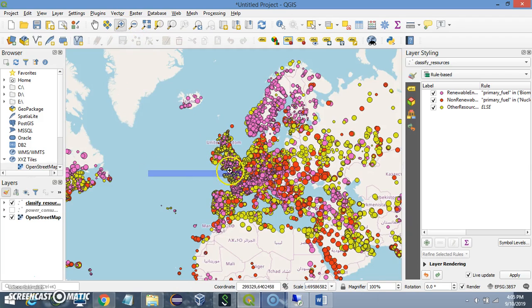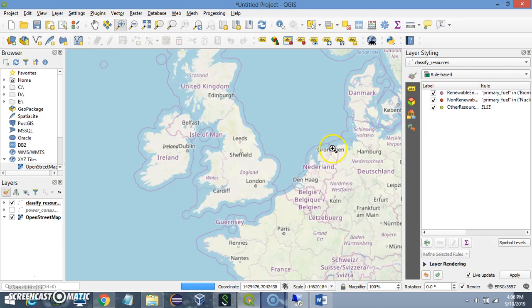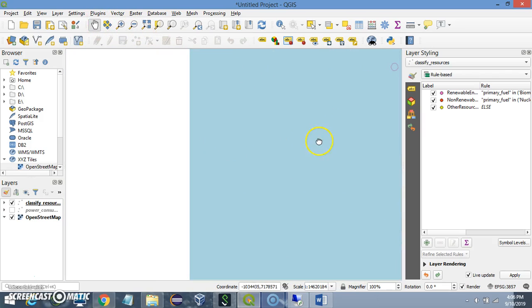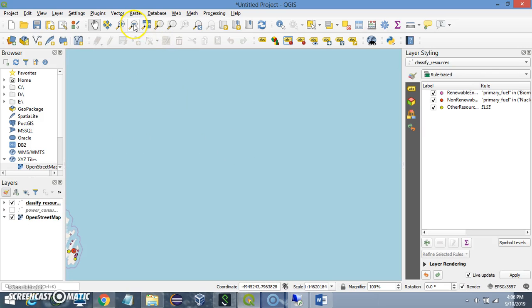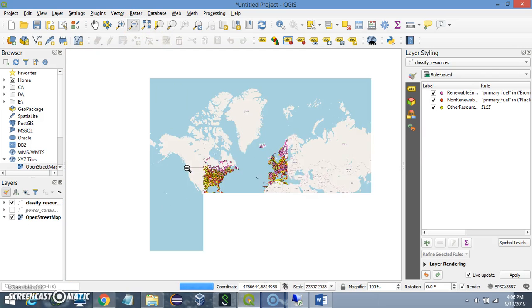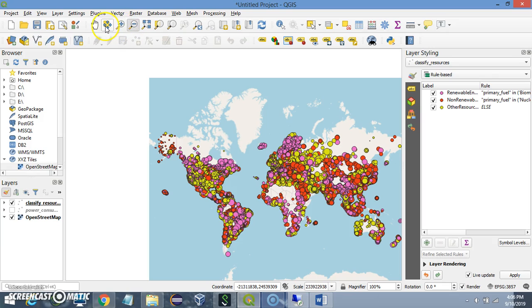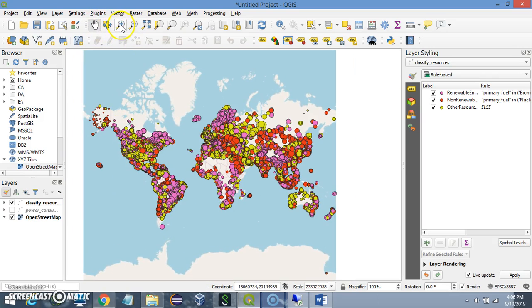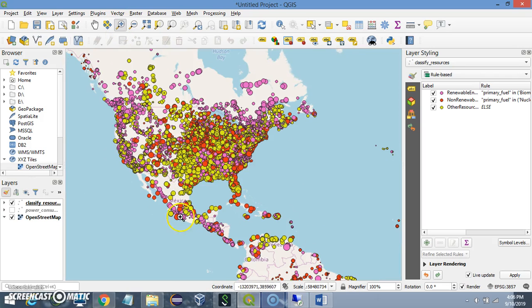And now I'm moving to North America. In the North American continent, as we can see, there is a mix of power plants that use renewable and non-renewable energy sources.